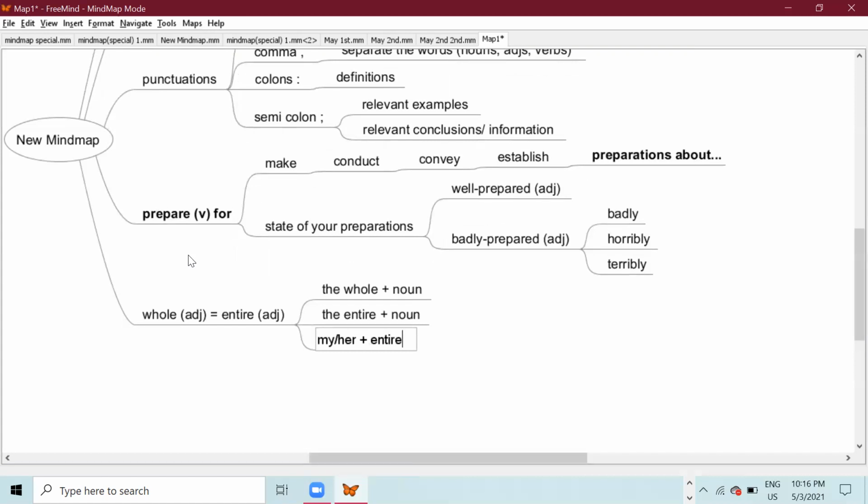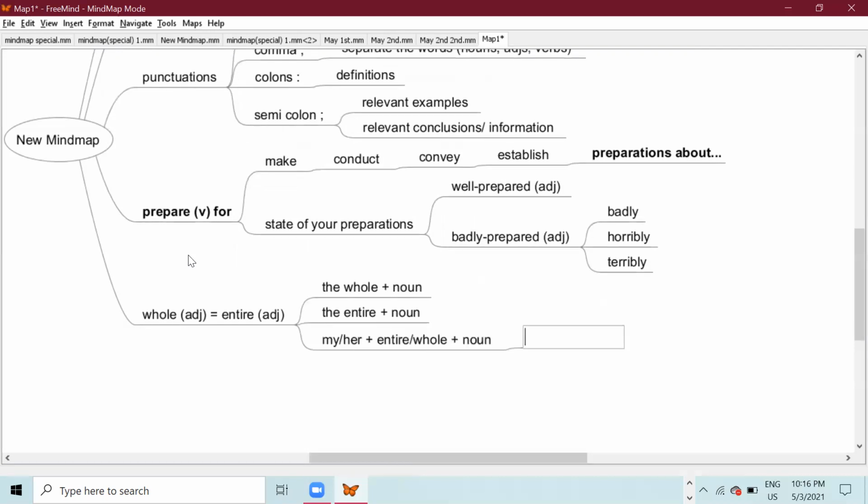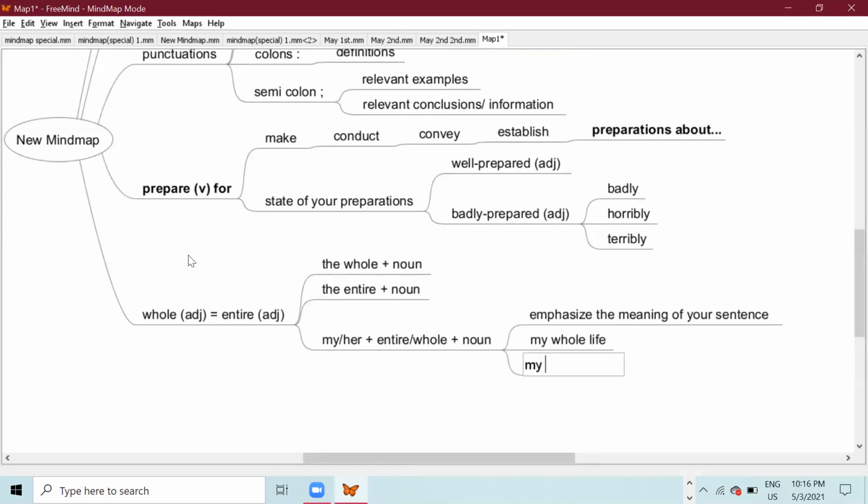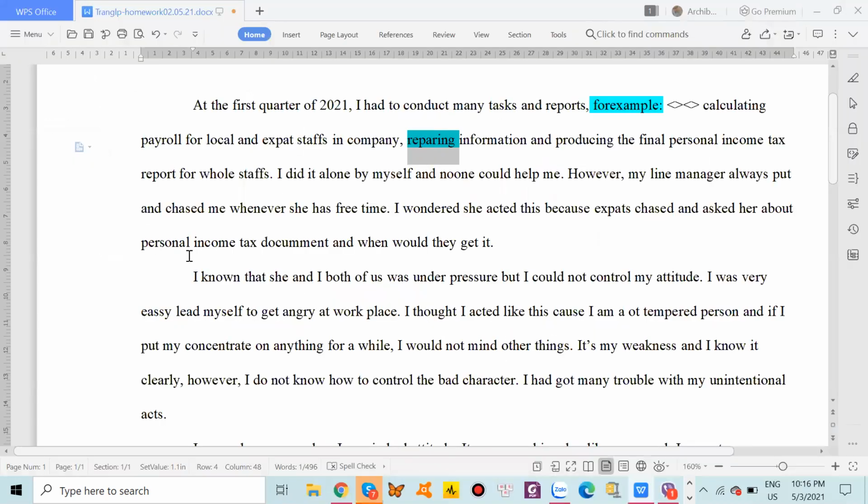This is the reason why when you start to talk about your life and you want to emphasize the meaning of your sentence, you are going to say my whole life or my entire life.